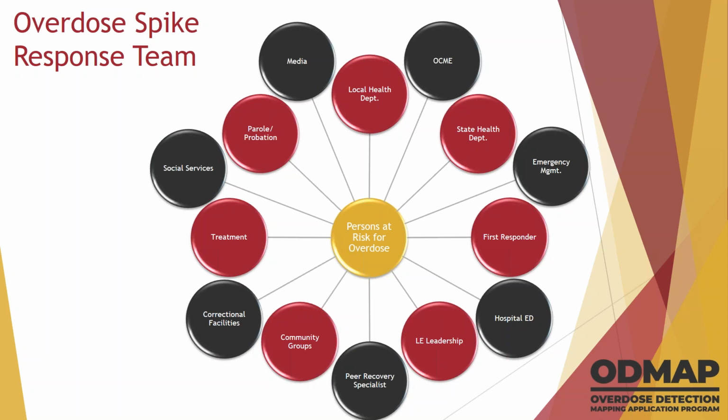But anytime you're going to develop a spike response team, it's important to start by keeping in mind these persons at risk for overdose and keeping them at the center of your spike response team. And then this is an example of different stakeholders that can be involved. Today what we're focusing on is public health, so primarily your local and/or state health department and the role that they may play.